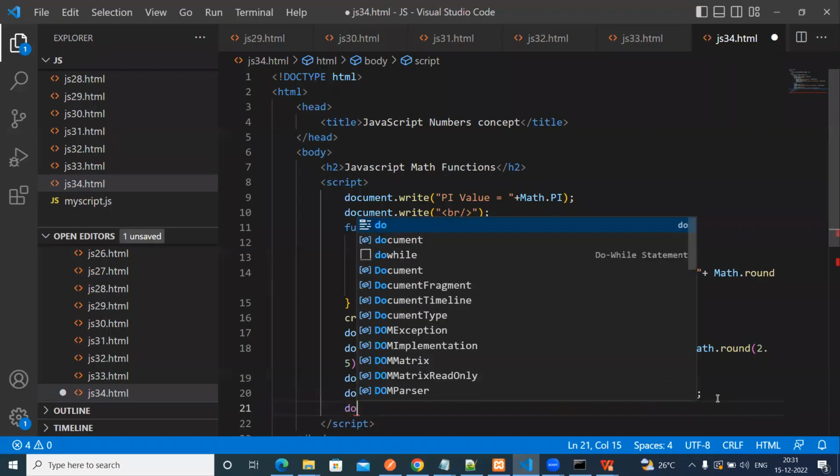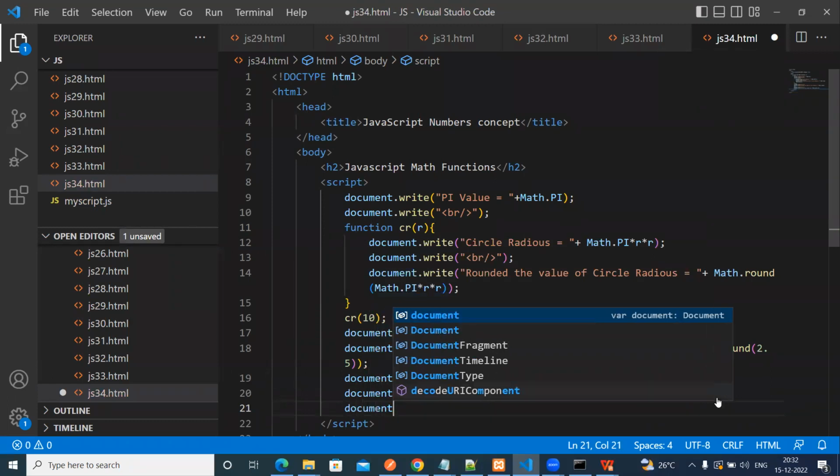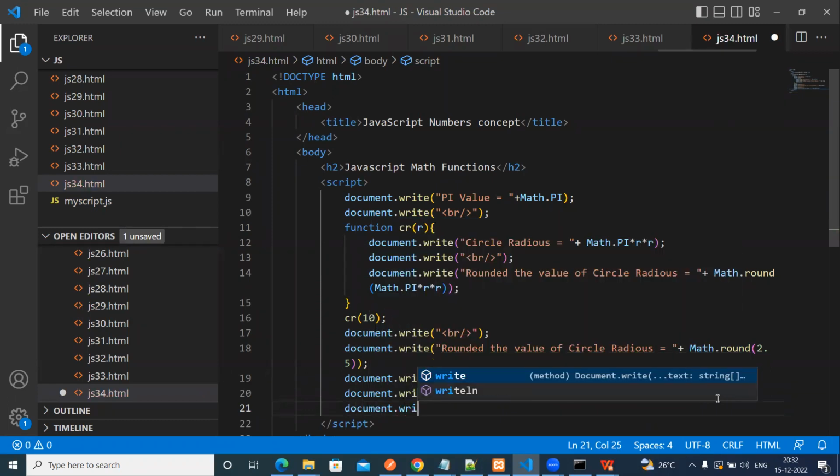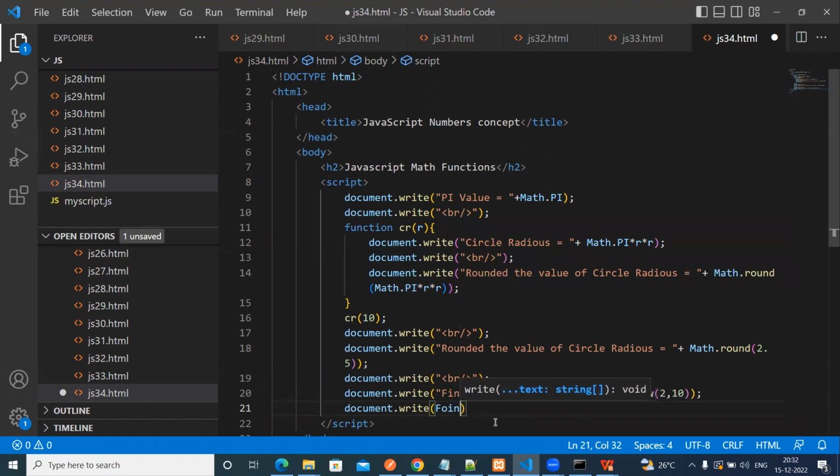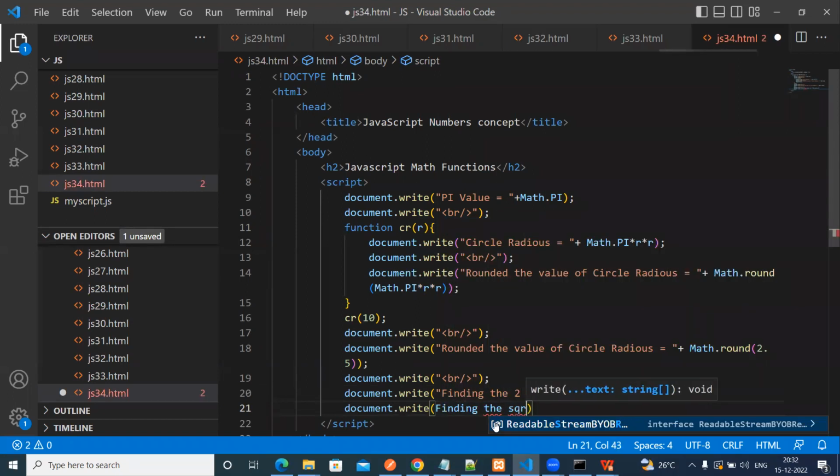So here document.write, finding the square root of 100.